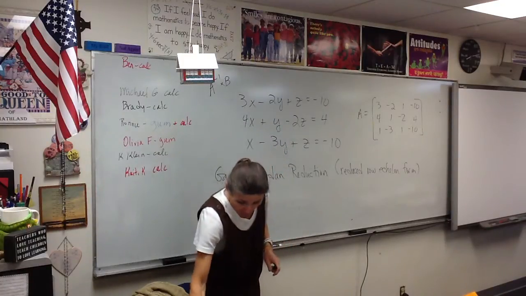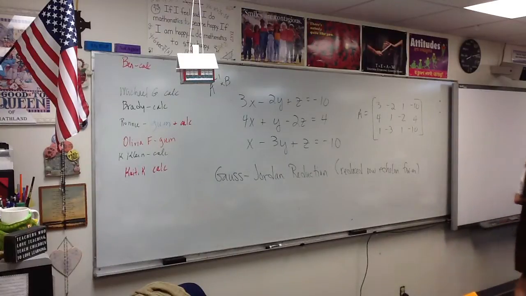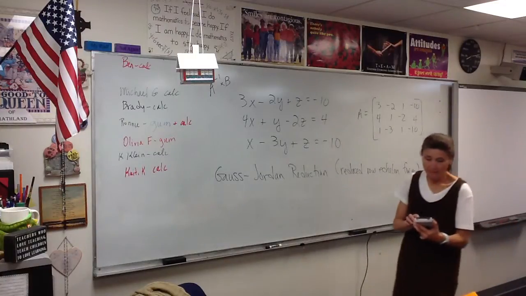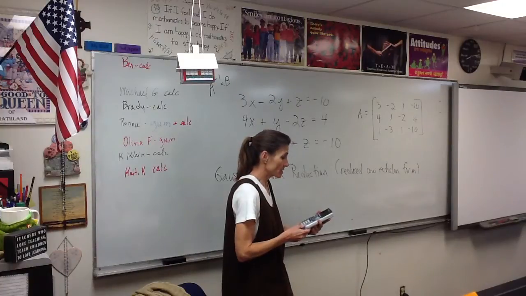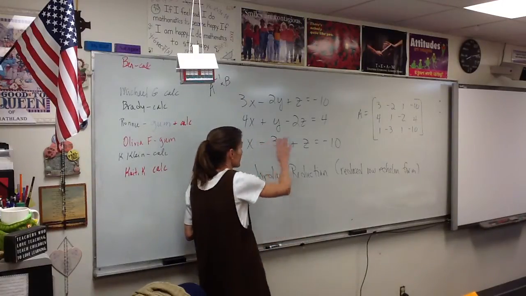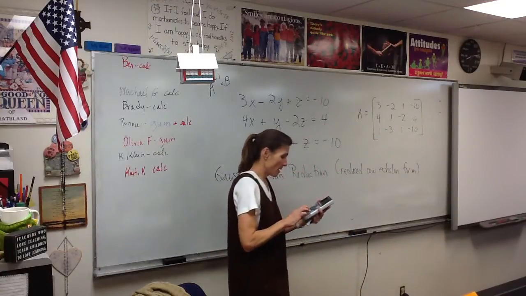This is a different strategy, so we're going to do it a different way. 3 by 4. So now I'm going to go to second matrix, and I'm going to put in a new matrix. What are the dimensions of this new matrix I'm putting in? 3 by 4.